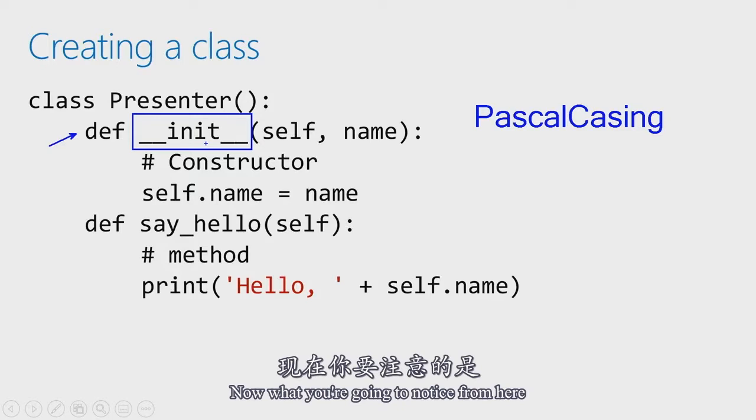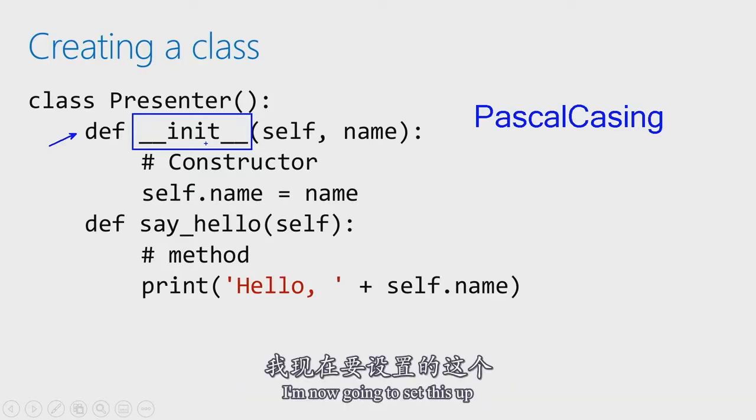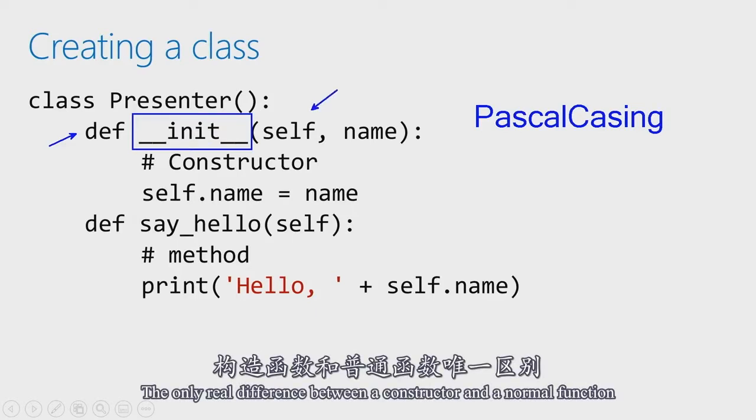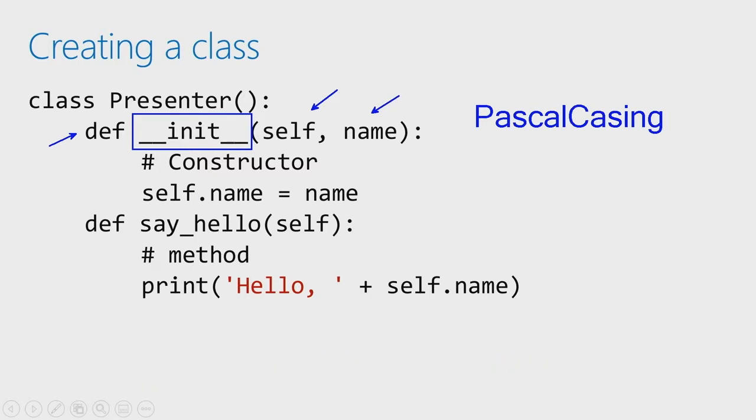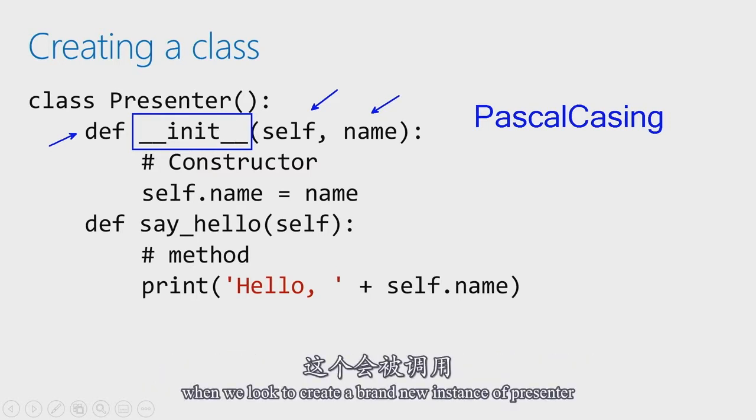Now, what you're going to notice from here, I'm now going to set this up like I would a normal function. The only real difference between a constructor and a normal function is when this is going to get called. This is going to get called when we look to create a brand new instance of presenter.